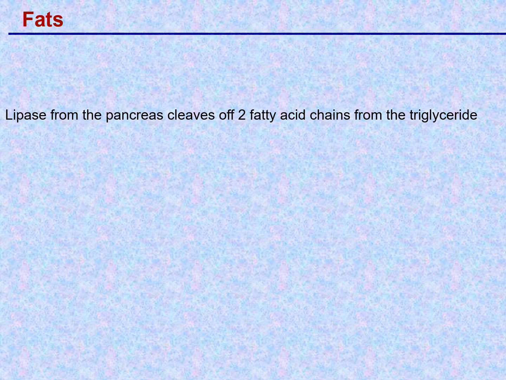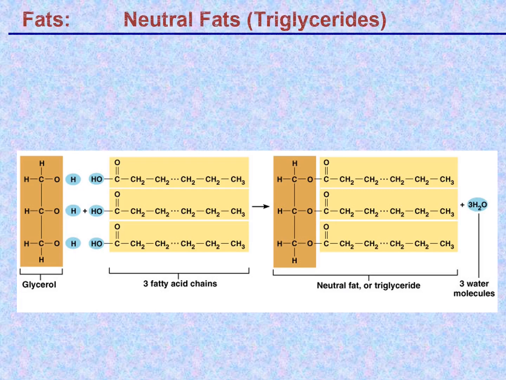So lipase, which is secreted by the pancreas into the small intestine, is able to cleave off two fatty acid chains from the triglyceride to form monoglyceride and free fatty acid chains.